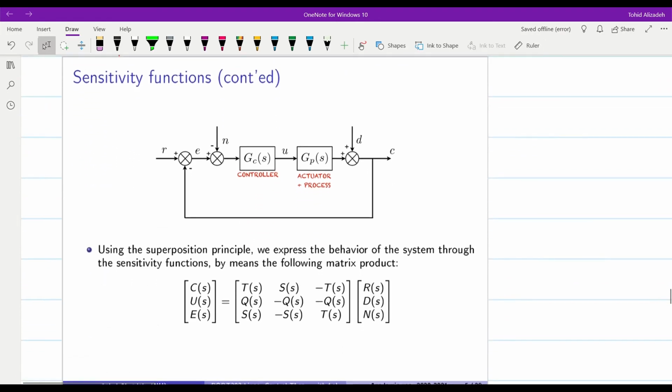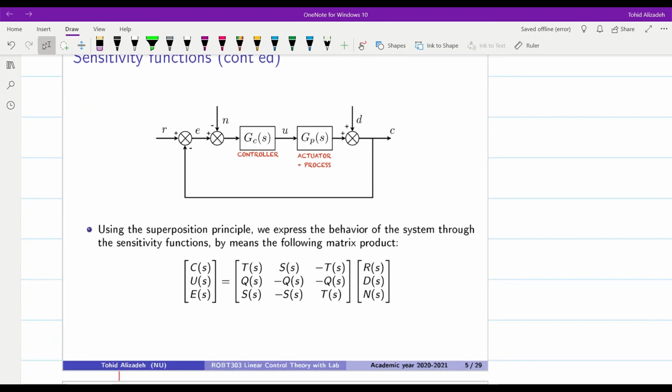Now, if you recall, we have three inputs for this system. This is one input, second input, and third input. And there are three outputs: the error, the control signal U, and the controlled output C. If we apply the superposition principle, then the behavior of the whole system could be expressed in this matrix product format.